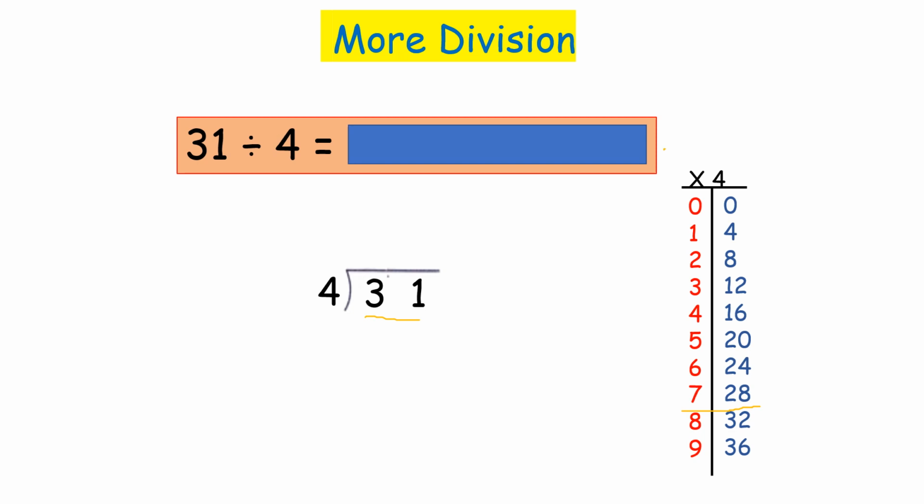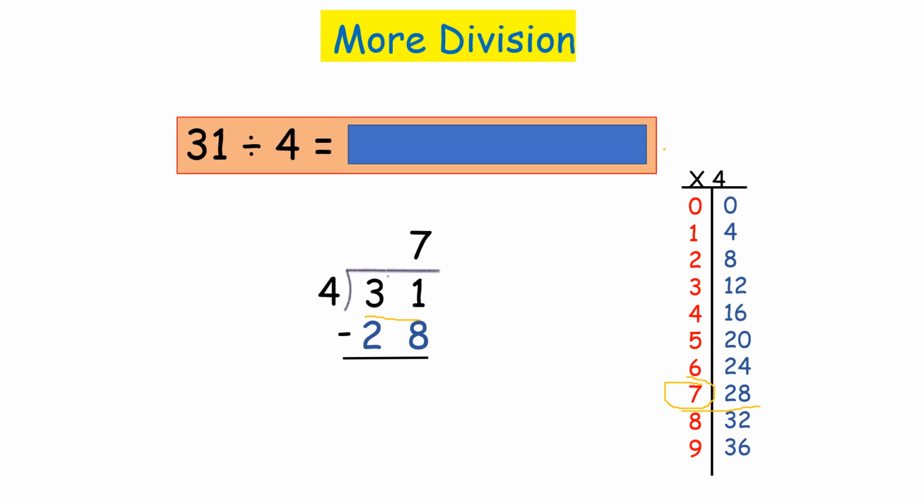So we write 28 below 31. And then 28 divided by 4 equals 7. So write 7 above 1. And then underline and write the symbol of minus.